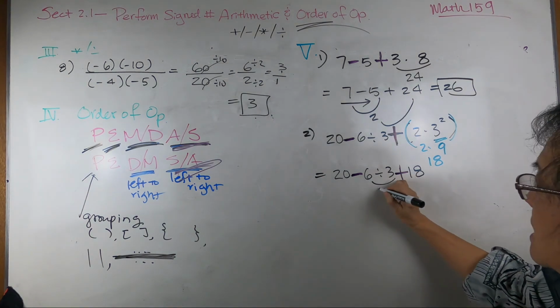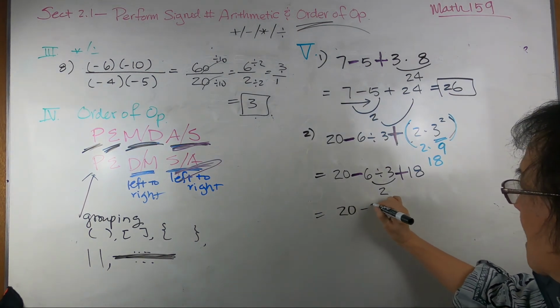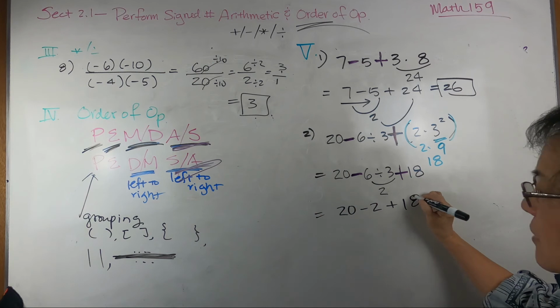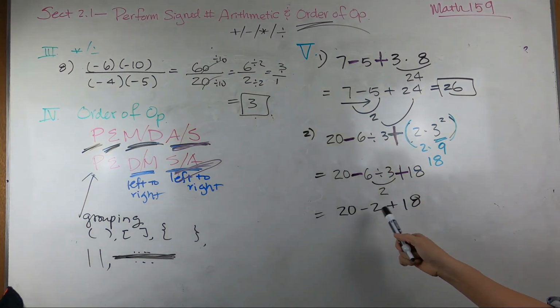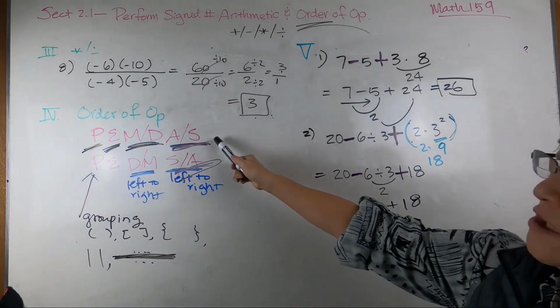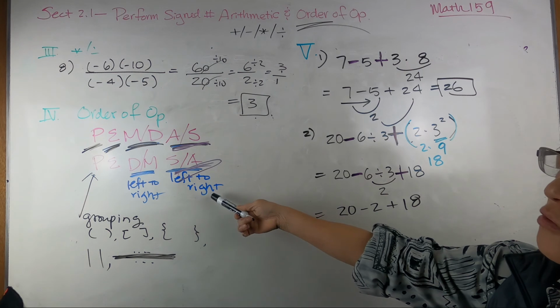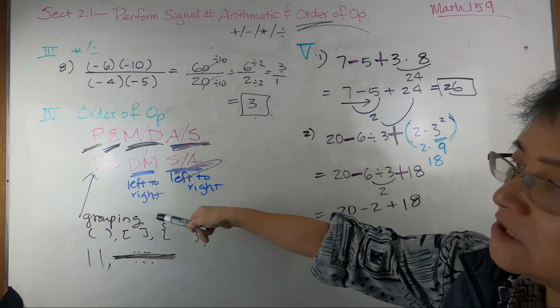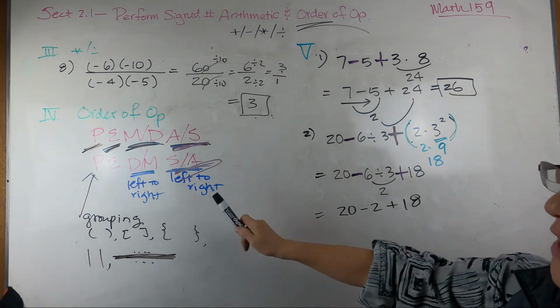So you do this, and that would be 2. Then what do you have? You have 20 minus 2 plus 18, right? It becomes the simplest form with addition and subtraction. For addition and subtraction, remember My Dear Aunt Sally: you need to do left to right.